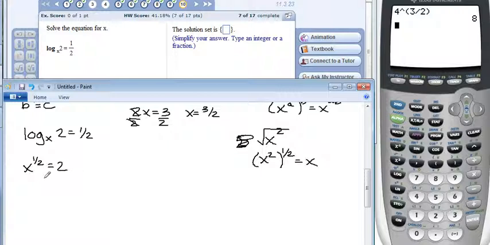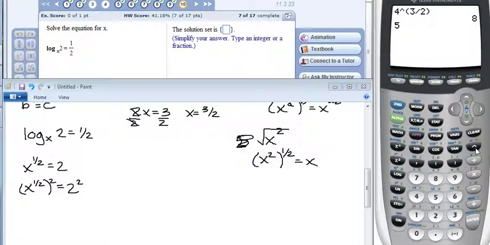So I'm going to do that here. I want to get rid of my 1/2. In order to do that, I have to square it, right? Because 2 times 1/2 is 1. Whatever I do to one side of the equation, I have to do the same to the other. Always. That's your golden rule of algebra. So x to the 1/2 power squared, let's just try a 5.